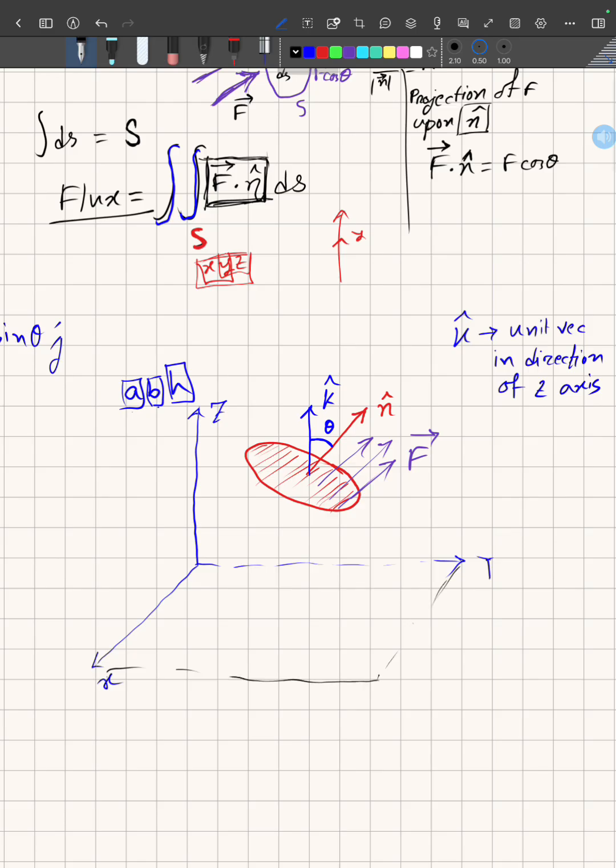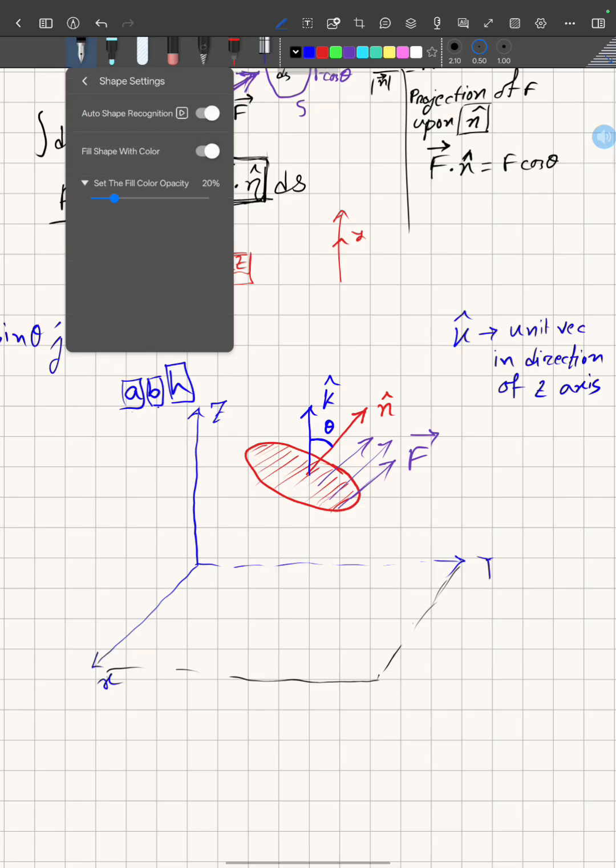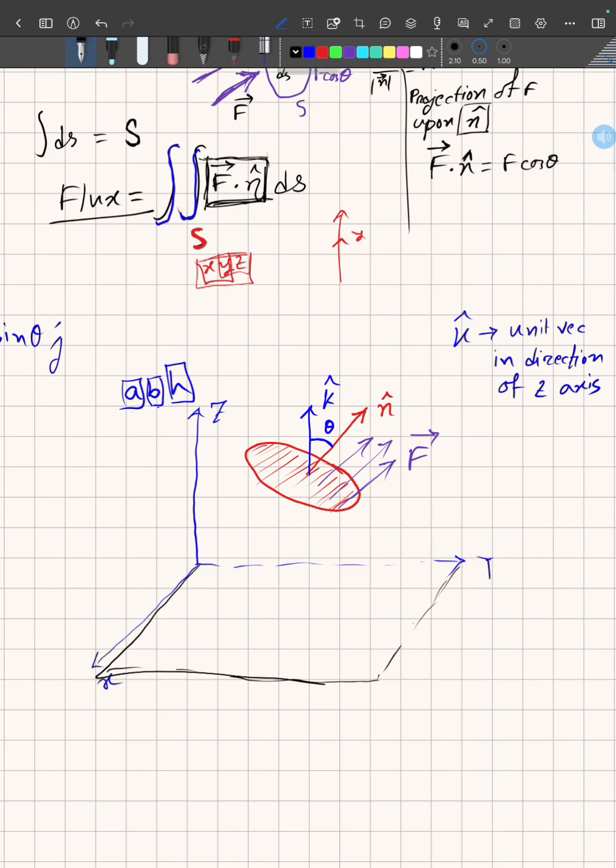Let's just color code this field. Can you see it now? This is our xy plane, and this is just elevating upon the xy plane at a certain degree.